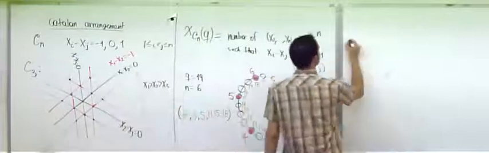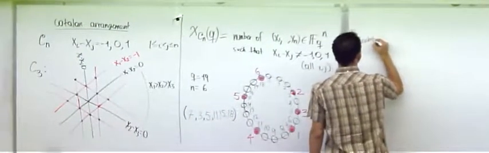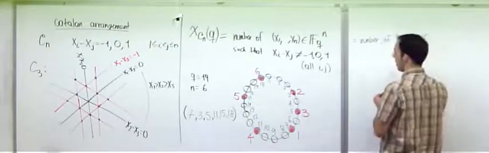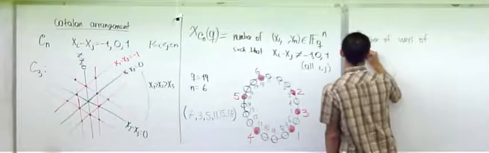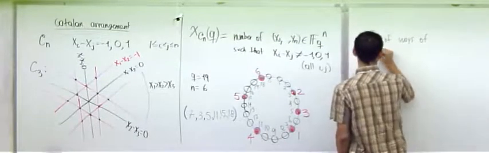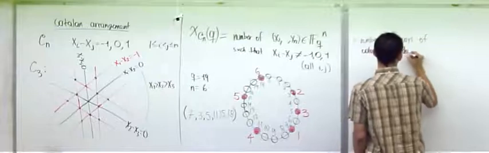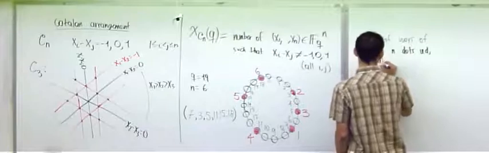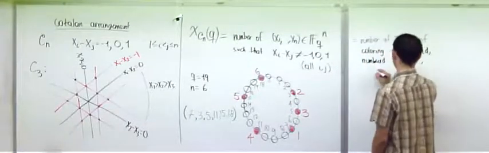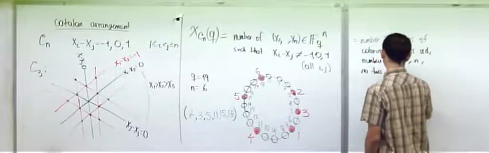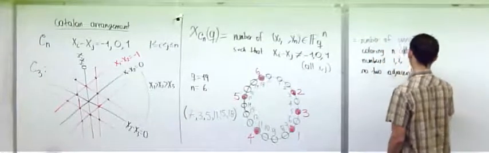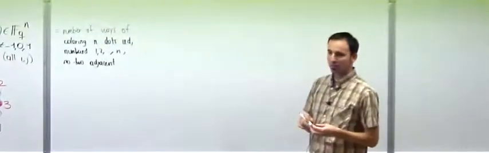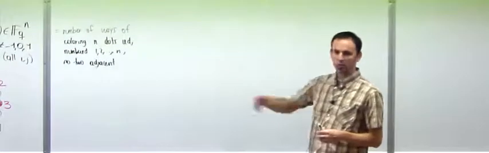So this is the number of ways of coloring n dots red, numbered 1, 2, up to n, with no two adjacent reds. Okay. And so now it's basically just a matter of solving this counting problem. How many ways are there to do that? Okay.